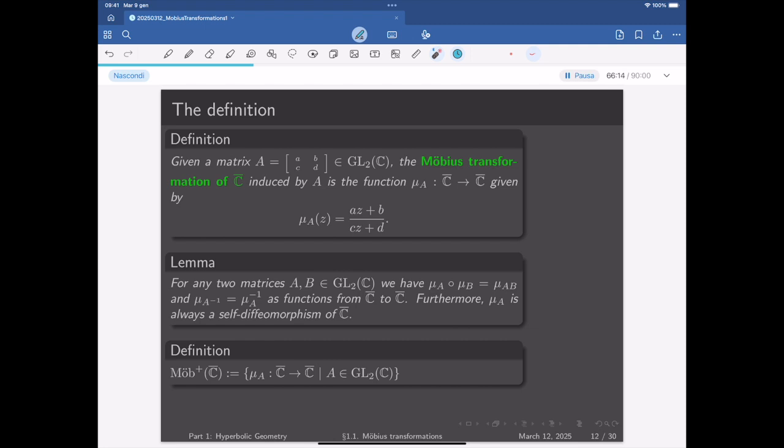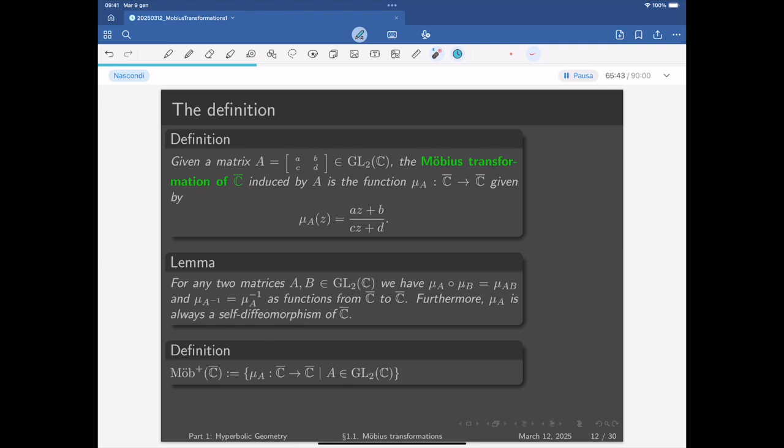I mean, P1C is a topological quotient of C2 minus the zero vector. So if I have a bijective linear map from C2 to C2, it of course sends one-dimensional vector subspaces to one-dimensional vector subspaces. So it induces a unique map from P1C to P1C. That's the definition I like.